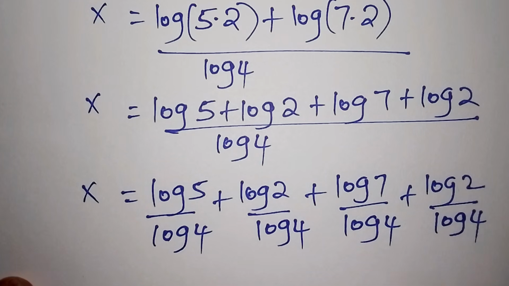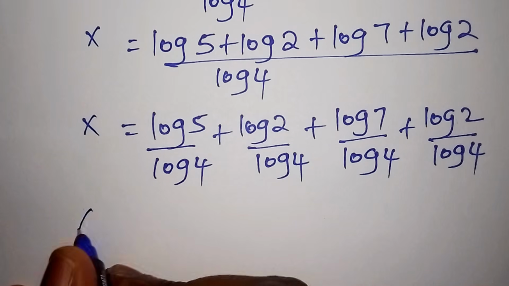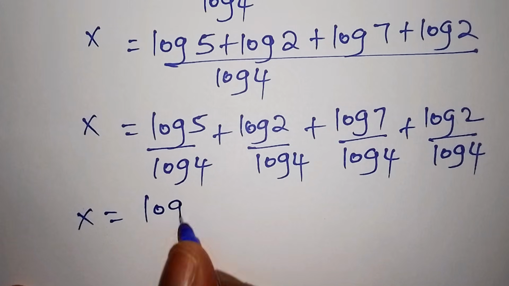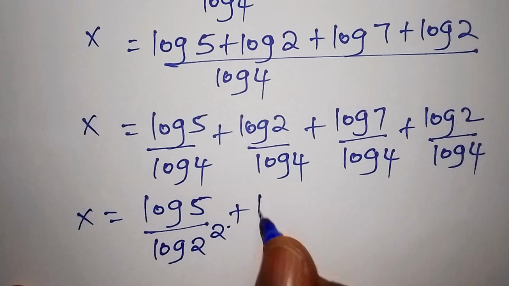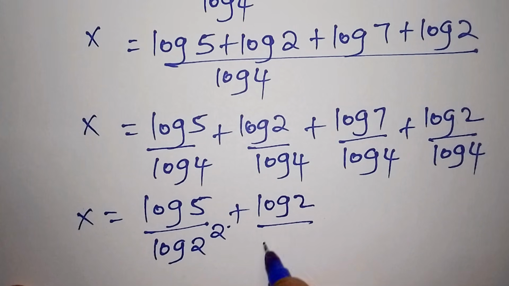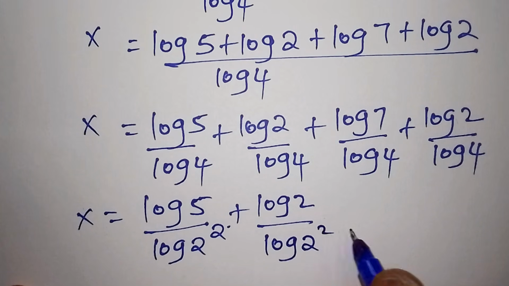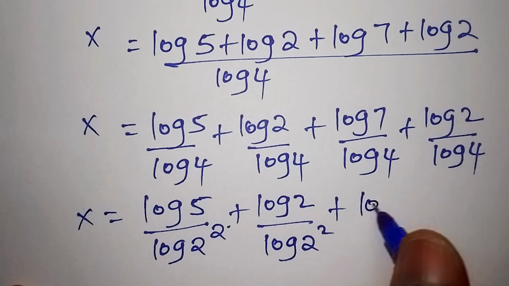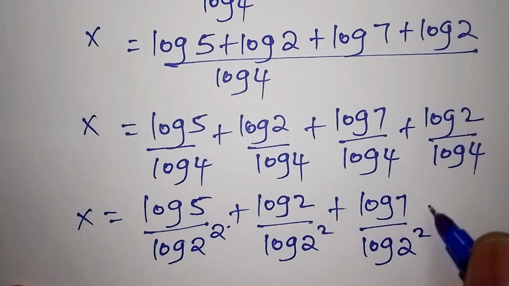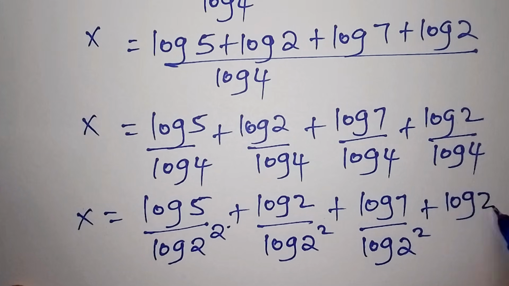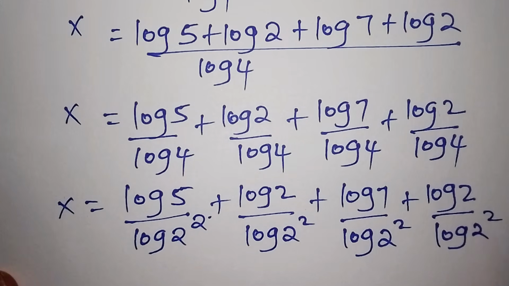So x is equal to the log of 5 all over, log 4 can be written as the log of 2 to the power of 2, plus log 2 all over the log of 2 to the power of 2, plus log 7 all over the log of 2 to the power of 2, plus log 2 all over the log of 2 to the power of 2.